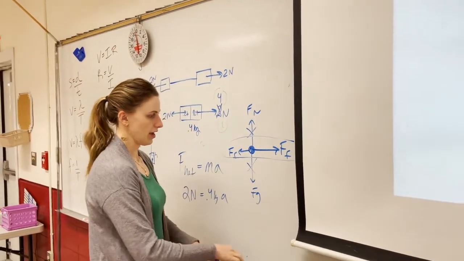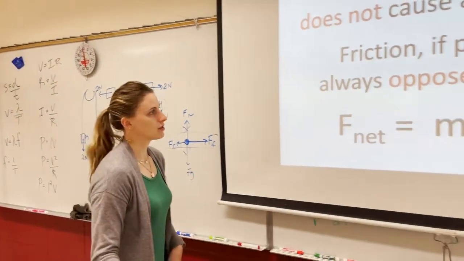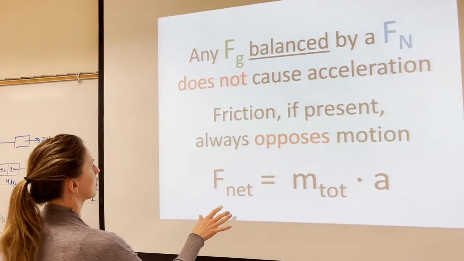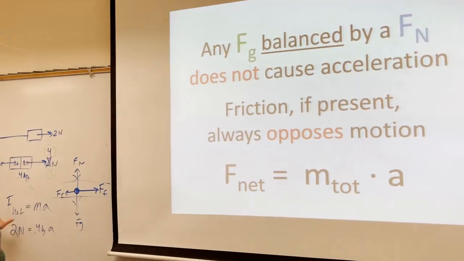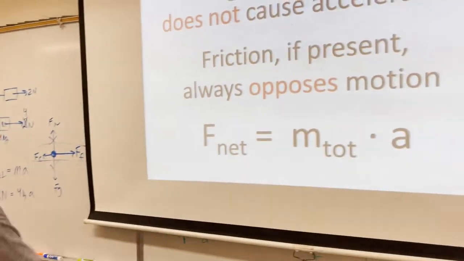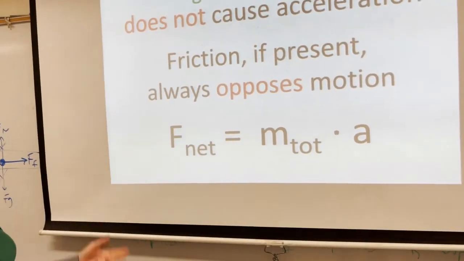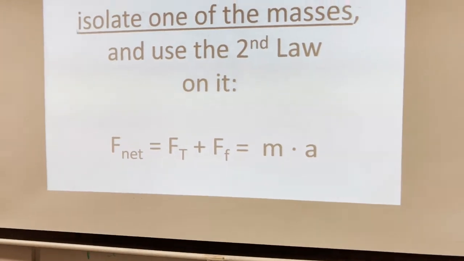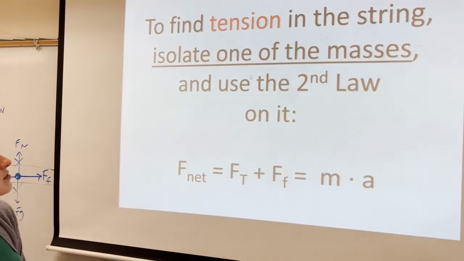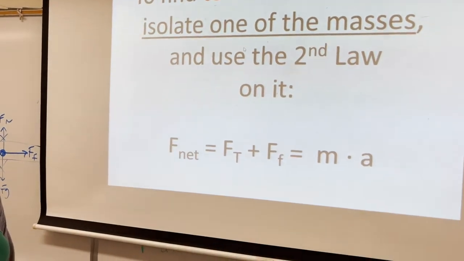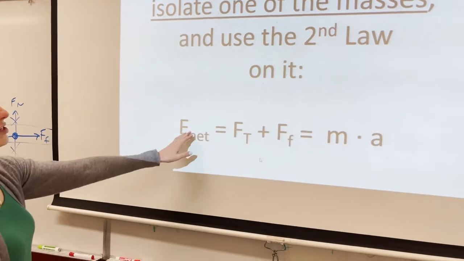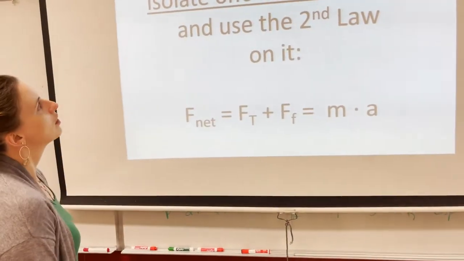And we got those like vectors for the net force. And this is a really helpful equation, what we just talked about: the net force, the total mass, which was 0.4 here in our example, and then you could solve for acceleration. To find tension in the string, isolate one of the masses and use the second law on it. So our net force is equal to the force of tension plus the force of friction.